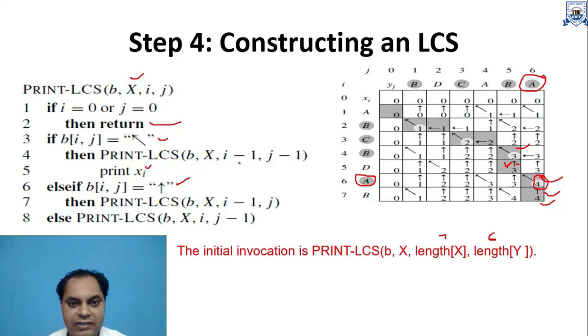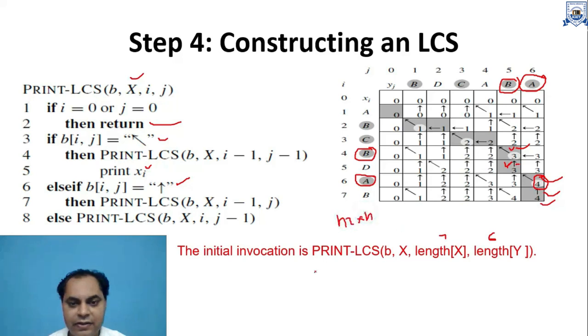Now this time you get the diagonal arrow, and then you call b, X, i minus 1, j minus 1, that means b 3 4, next time b 3 4, and print this value. So all values on which we get this diagonal arrow would be part of the LCS, and you move by following the direction of the arrow until one of i or j becomes 0. You are accessing the entries of this table, and the size of this table is m into n.